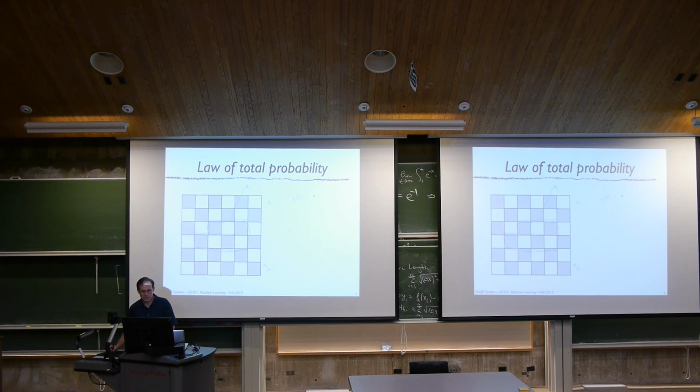And the probability of B is equal to the probability of A3 and B plus the probability of A4 and B. And in general, for any partition A, P of B is equal to the sum over Ai in A of the probability of B and Ai.